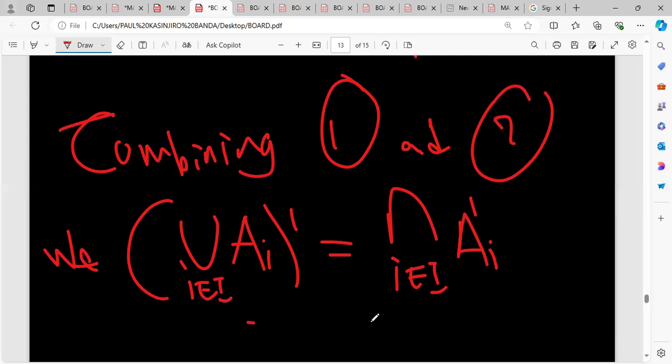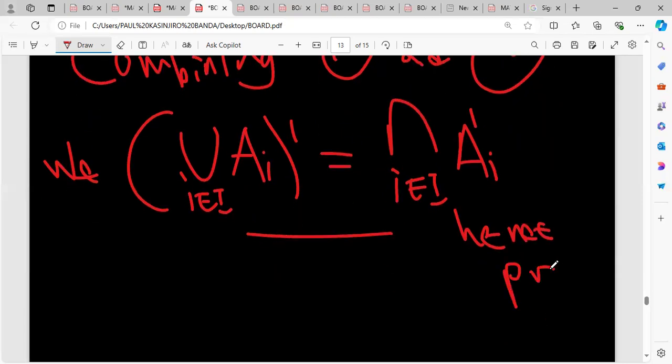And then you can even write hence proved, because you've proved both directions.